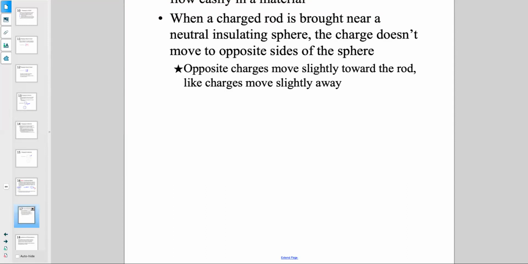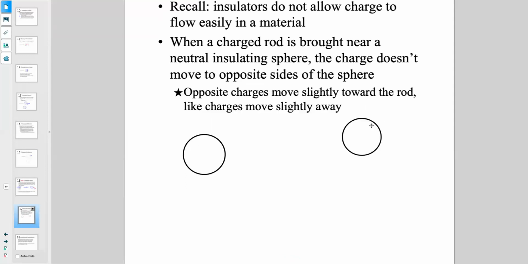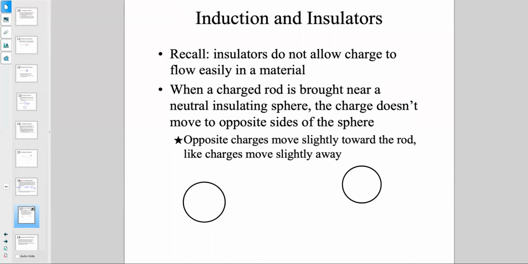Let's say that I have two spheres. One is a conductor, the other one is an insulator sphere.